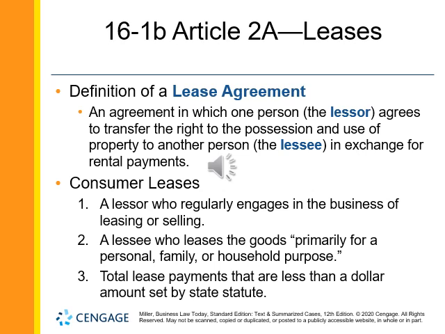A lessor is one who transfers the right to the possession and use of goods under a lease. A lessee is one who acquires the right to the temporary possession and use of goods under a lease. In other words, the lessee is the party who is leasing the goods from the lessor.